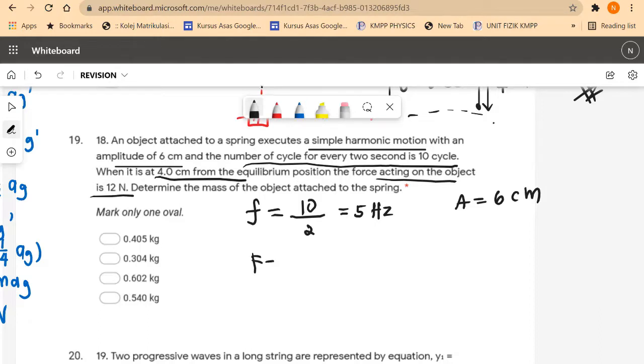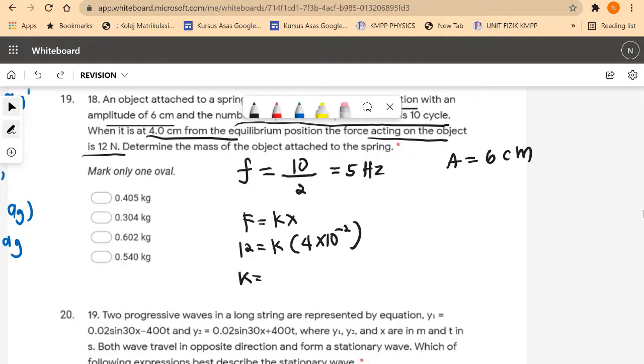From F equals kx, F is 12, k is unknown, x is 4 cm, which you have to convert to meters. So k equals 300 Newton per meter.